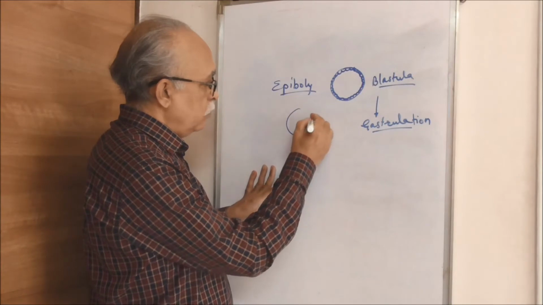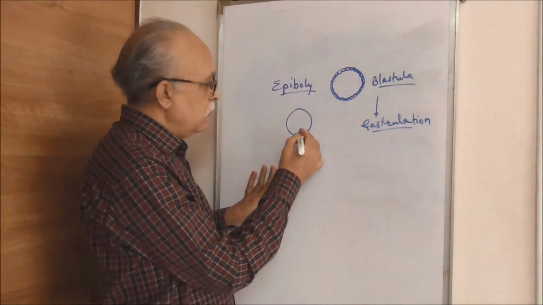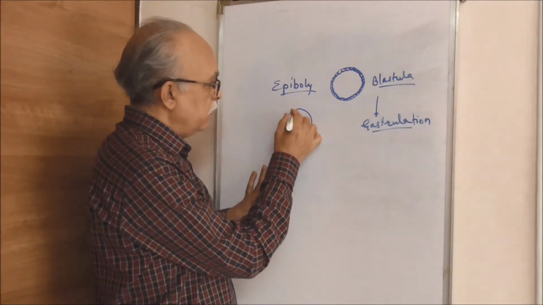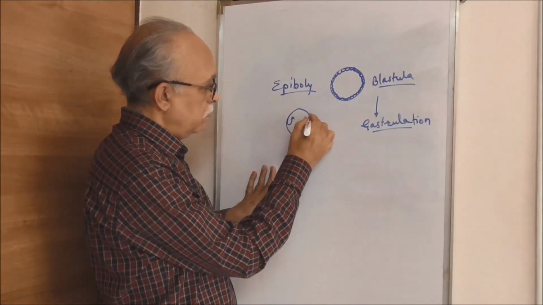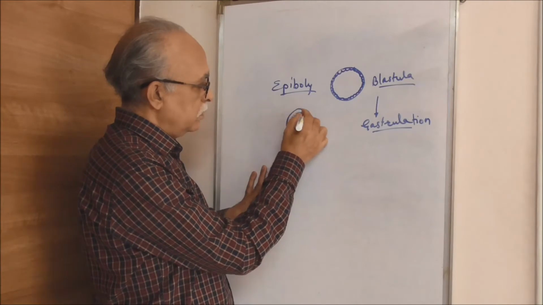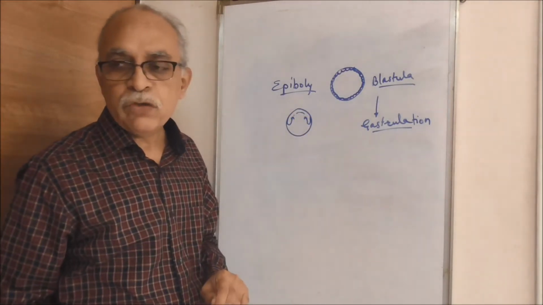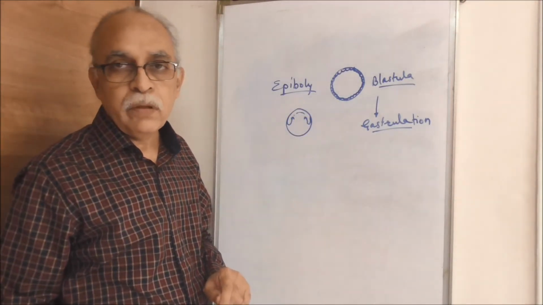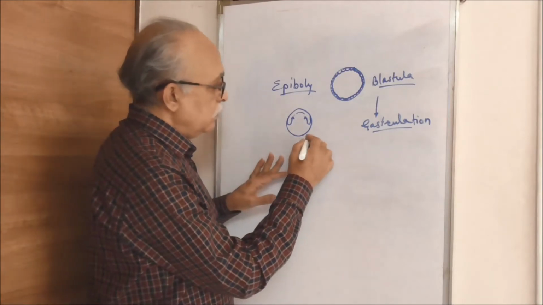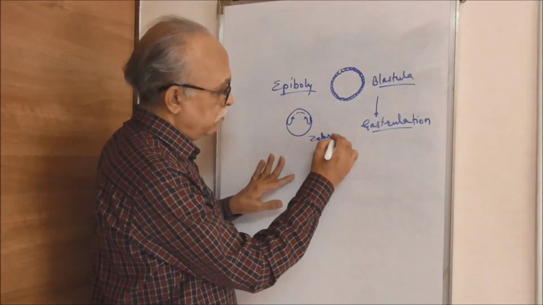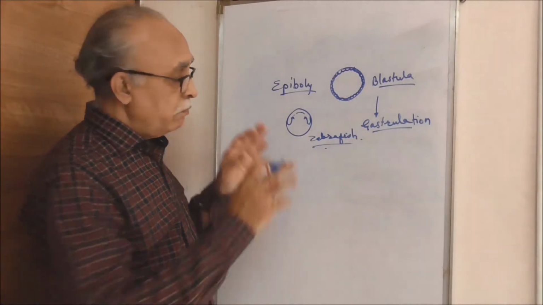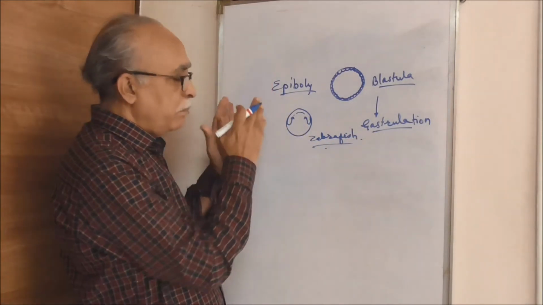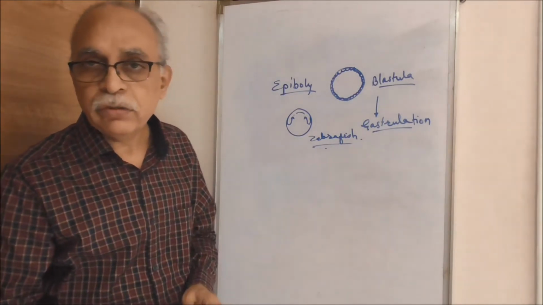Suppose if this is the normal layer, then it may start turning in. This layer would be additionally formed. This is called epiboly. The process of gastrulation involving epiboly is found in zebrafish.